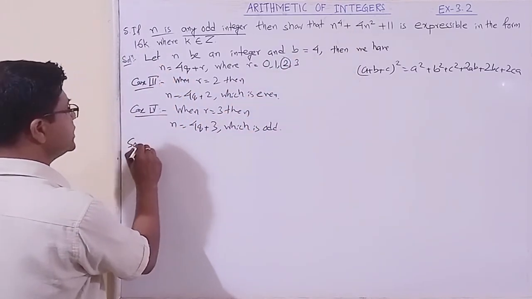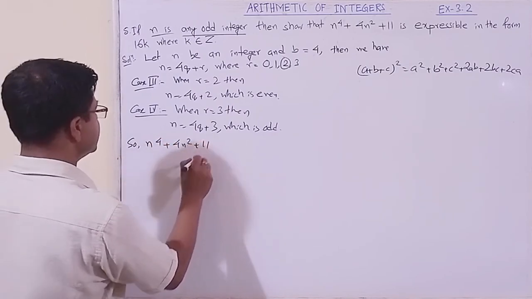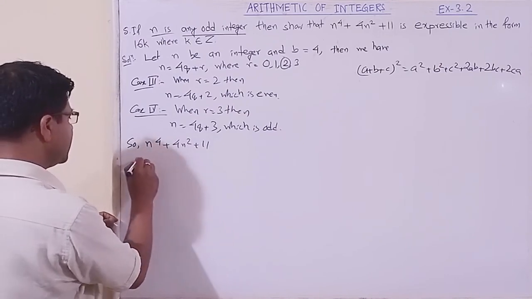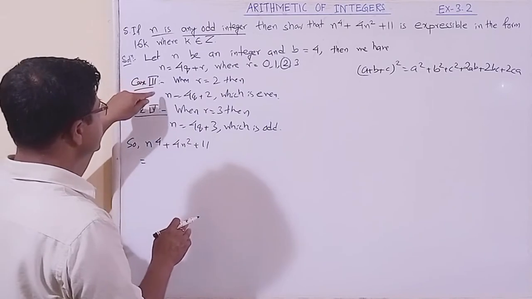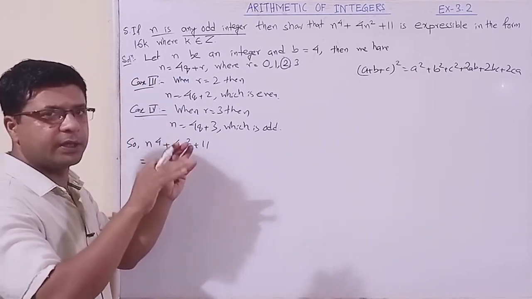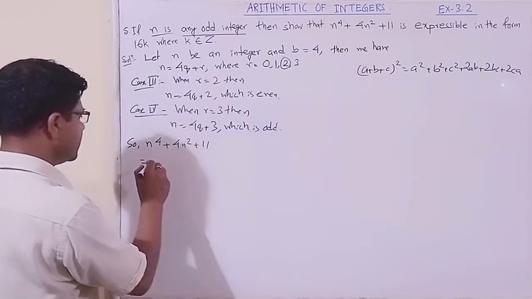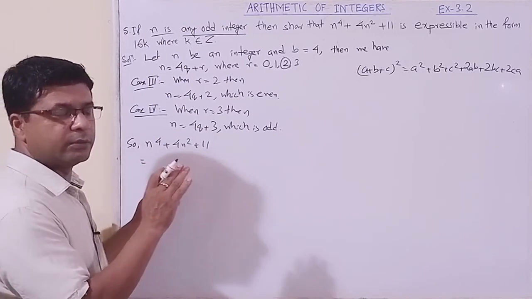So what is this? n to the power 4 plus 4n square plus 11. Now let us do this in another way. In case 2 we solved, we expressed n to the power 4 at first as a square, then found its square using this formula, but we will do it in some other way. You will do whichever method you prefer.